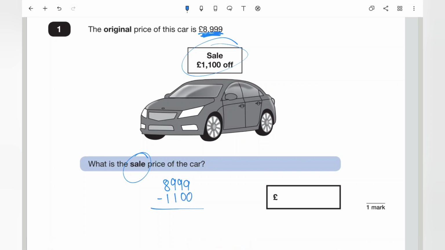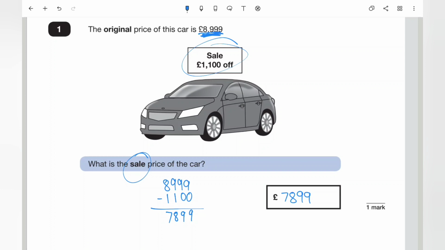Using column method, 9 take away 0 is 9. 9 take away 0 is 9. 9 take away 1 is 8. And 8 take away 1 is 7. So your final answer is £7,899. It's a simple question, but you'll be surprised how students get these types of questions wrong.